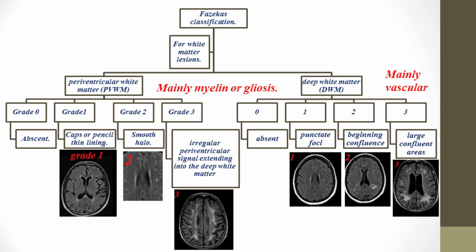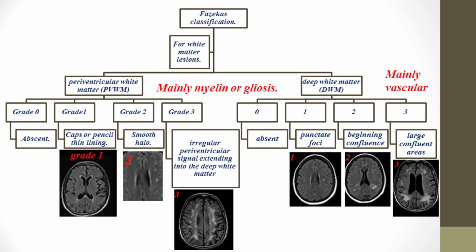Lastly, we can talk about the Fazekas classification for white matter lesions. White matter lesions can be divided into two entities. The first one is periventricular white matter, while the second one is deep white matter. The periventricular white matter changes are mainly due to myelin pallor and gliosis, while deep white matter changes are mainly due to vascular disorders.